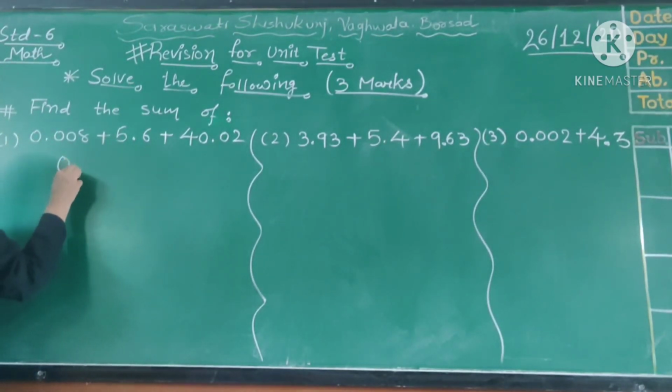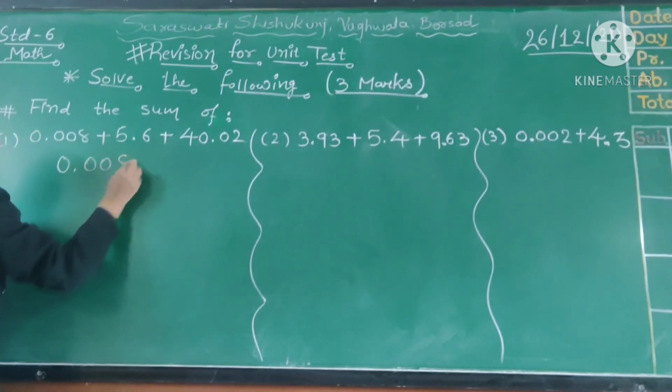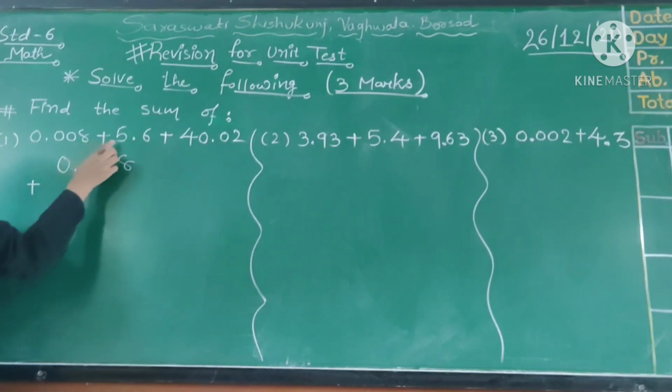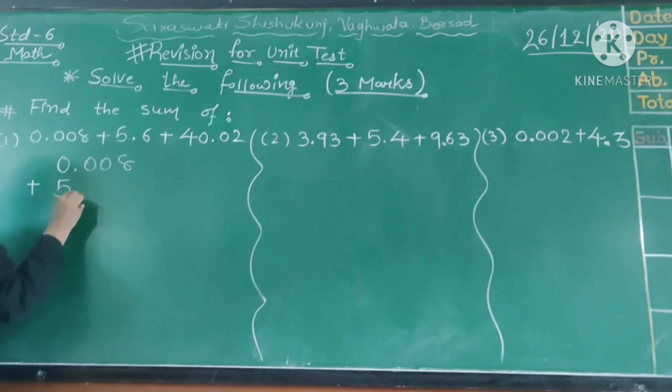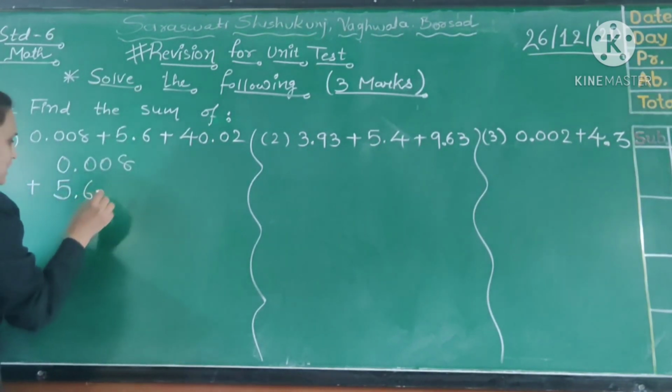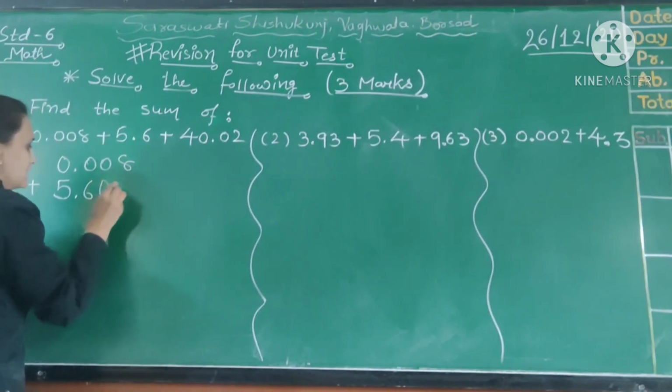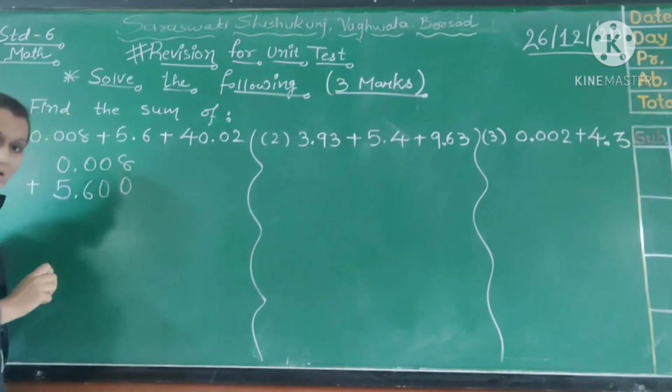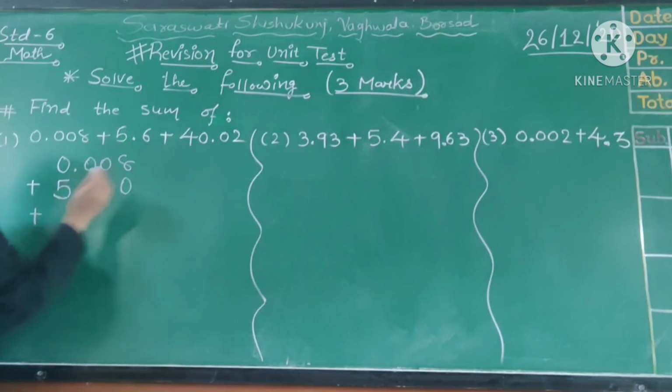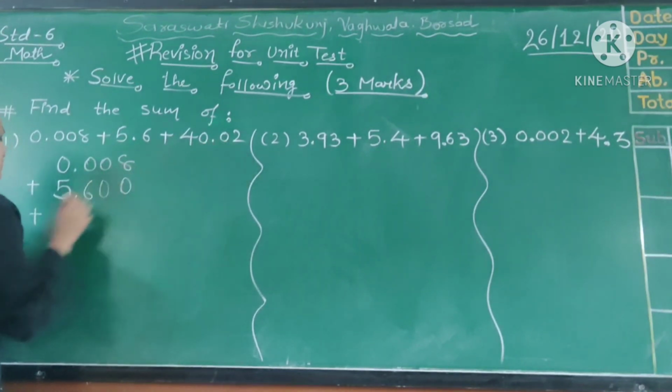So here, the first number is 0.008 plus 5.6. 5 is at the 1's place and 6 is at the tenth place. There is no hundredth and thousandth place, so we put 0 here. Then plus 40.02.